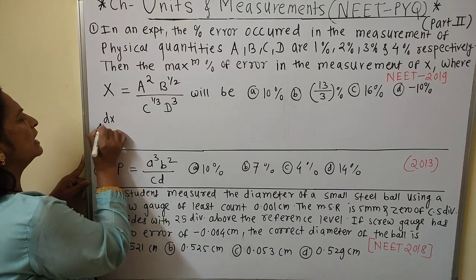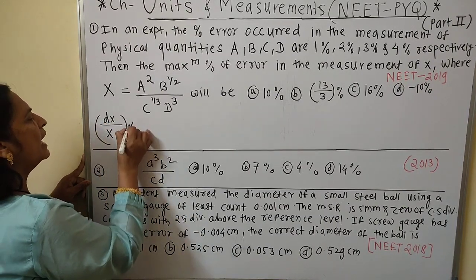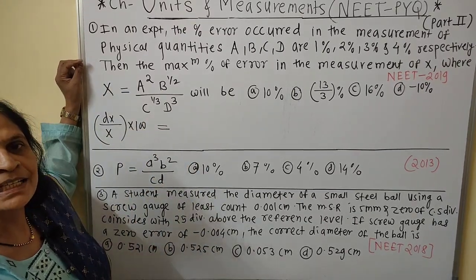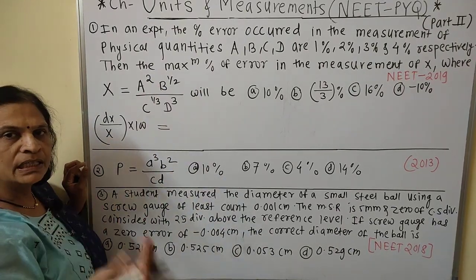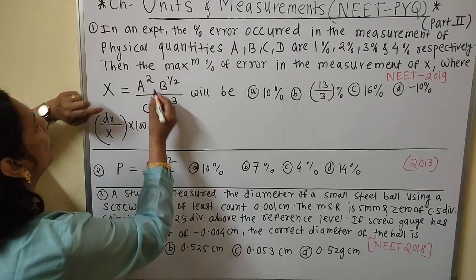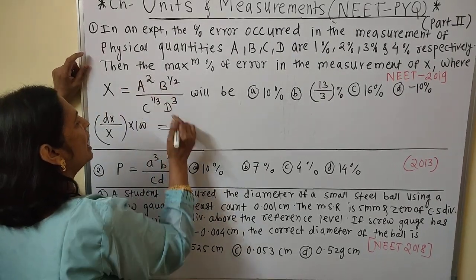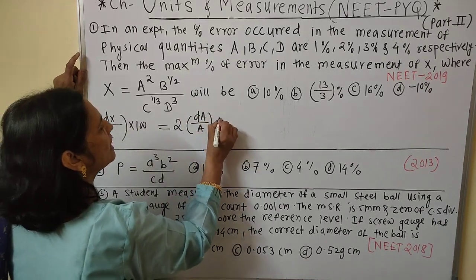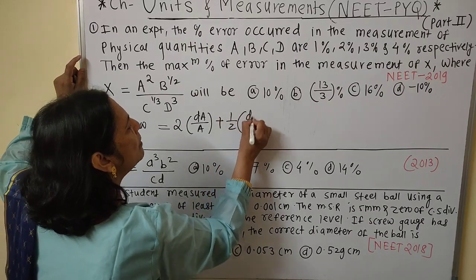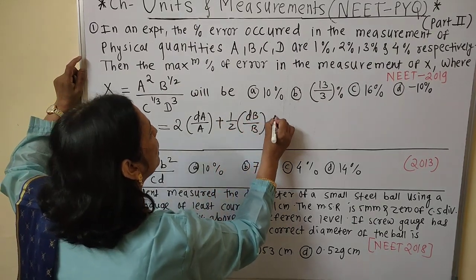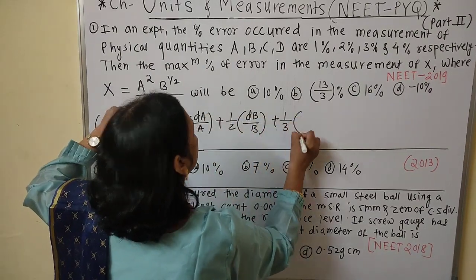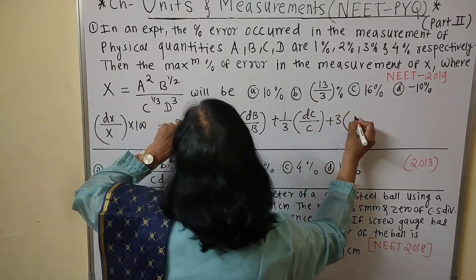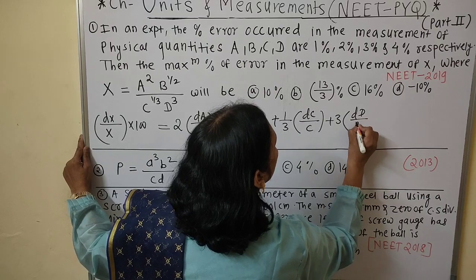Percentage error of x is given by the formula dx by x into 100, which is equal to... Now we know that percentage error while dividing and while multiplying should be added. Therefore, while measuring a, that is 2 into dA by a, that is the percentage error, plus half into dB by b, plus 1/3 into dc by c, and 3 times dd by d.